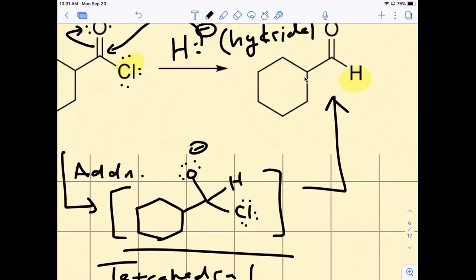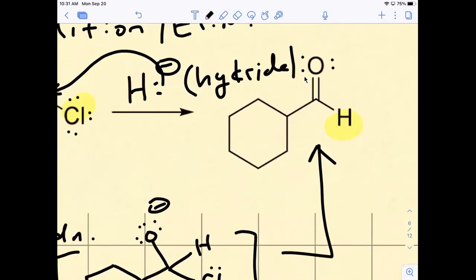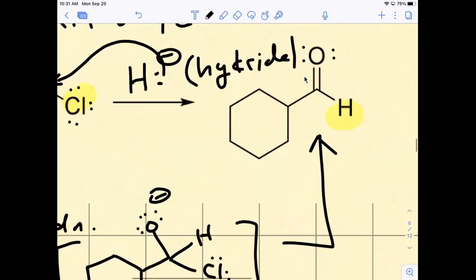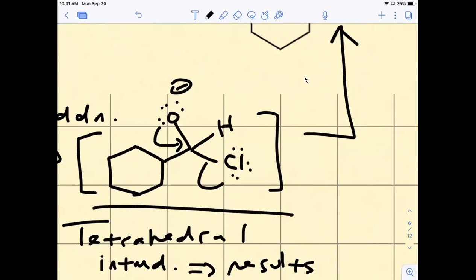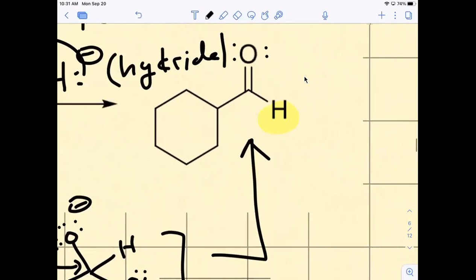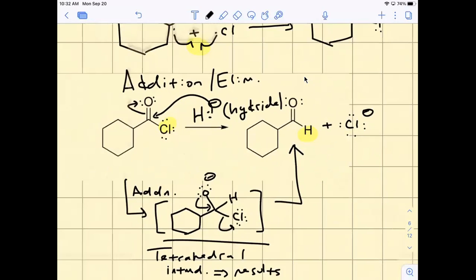Make a double bond. Put the pi bond back. And it just so happens that doing one is going to facilitate the other. So if I put the pi bond back here, I'm also going to kick off chlorine. So that's going to give me this plus Cl minus. So what type of reaction is that, where I reform a pi bond?